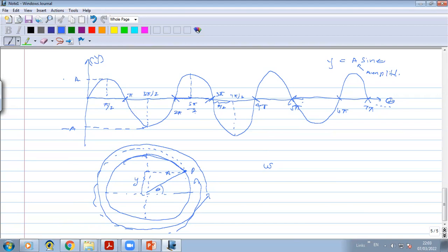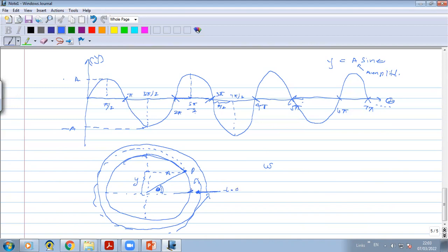So what happened? If this is omega, this point is traveling like this with a constant velocity. Let's say that the point is starting here at time equal to 0.